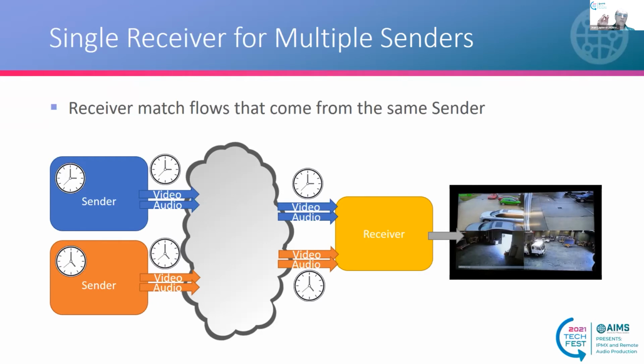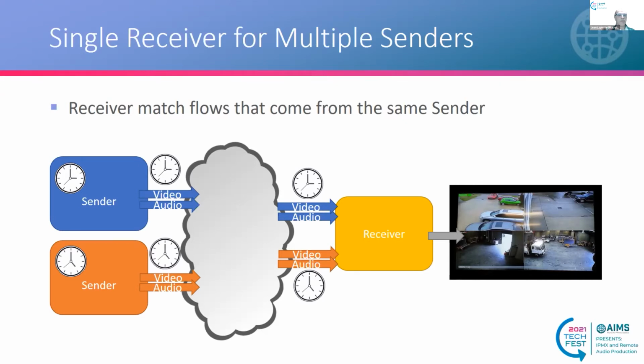So the blue data would be displayed on the monitor and the audio and video would sync up for the blue, and the same can be done for the orange. But as you will see in my diagram, the local clock for the blue sender and the local clock for the orange sender are different. They started up at different times, and they timestamp the info based on that.